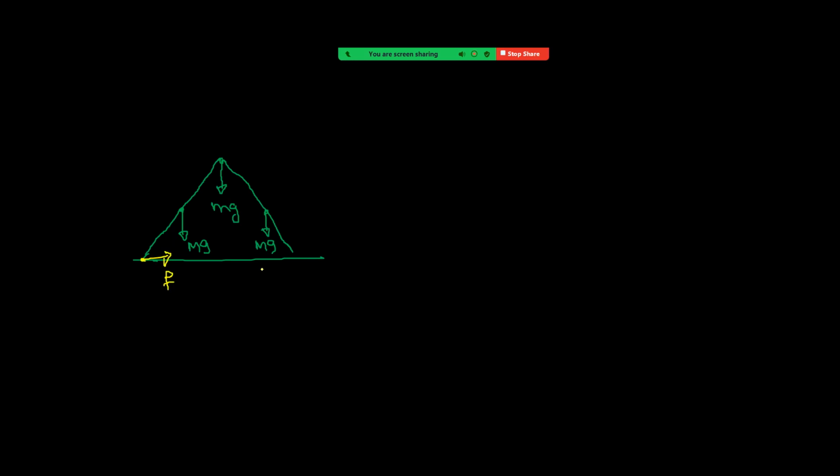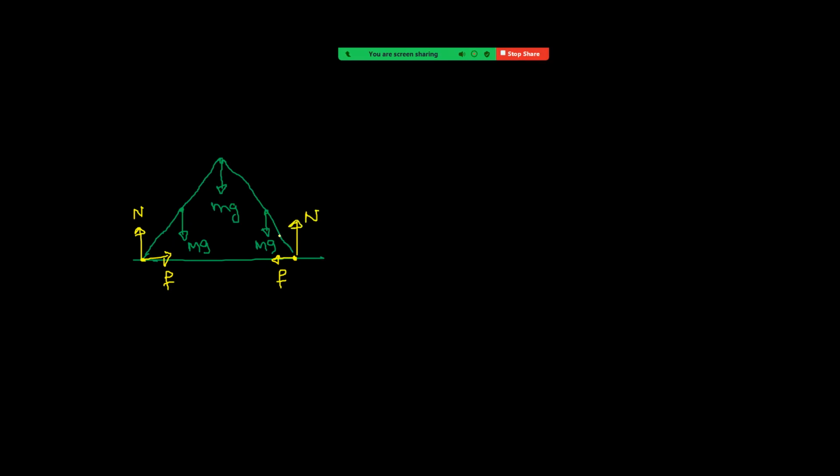Friction, take it as F, and here also friction is F. You just see the difference carefully. In the previous question, no friction was given, but there was tension, connecting by a rope, tension T, tension T. Now it is F and F. Normal reaction N upwards, and here also normal reaction N upwards.